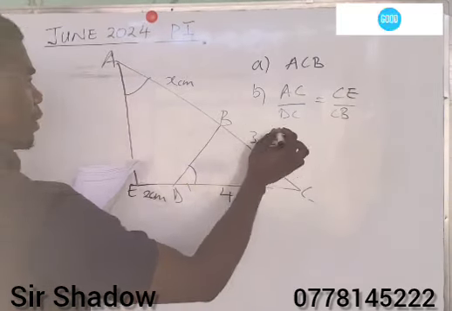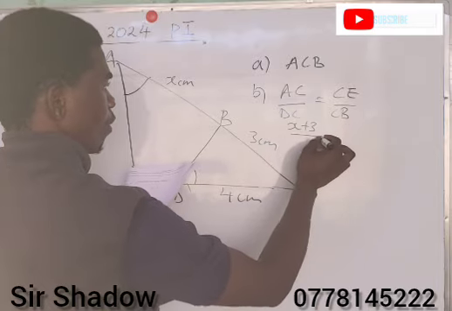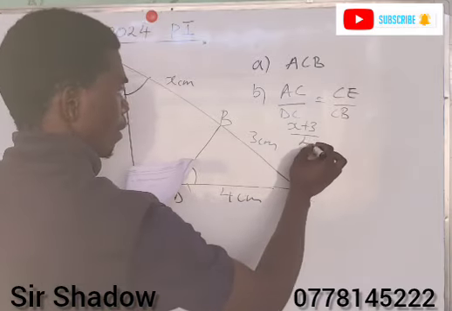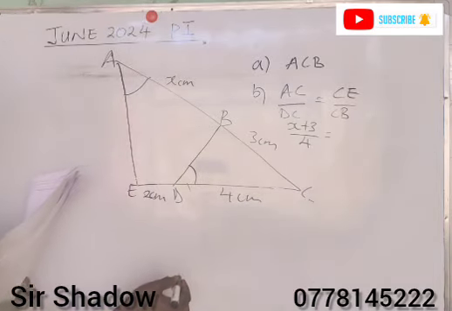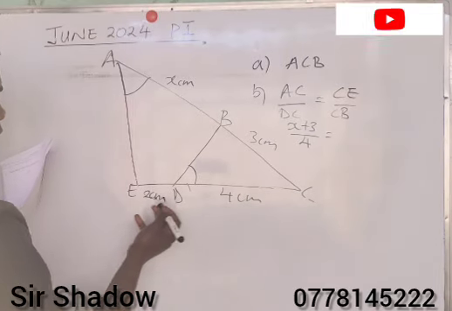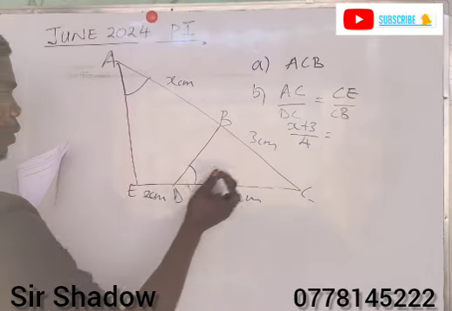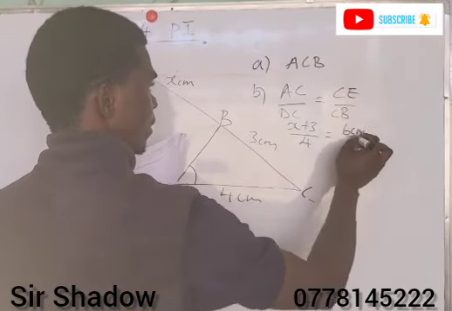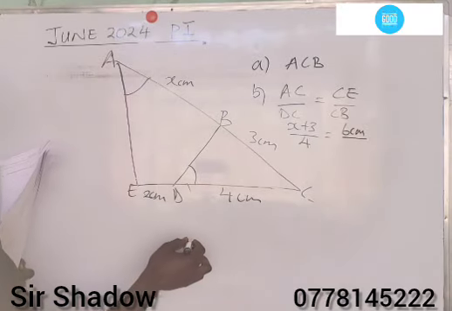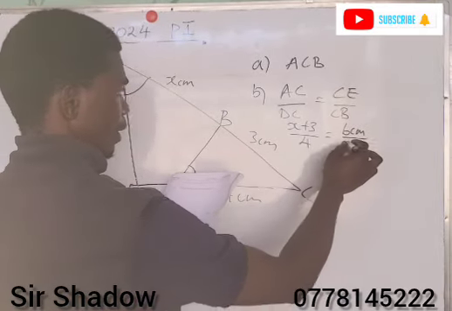So AC, which is x plus 3, over DC, which is 4, is equal to CE, which is 4 plus 2, which is 6 centimeters, over CB, which is 3.